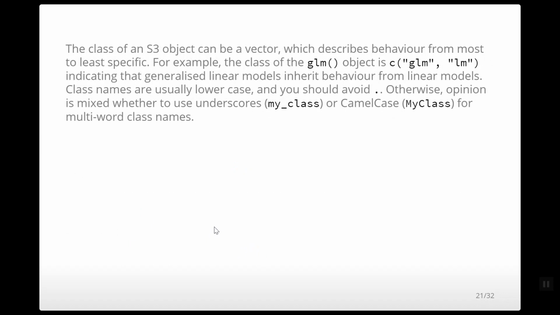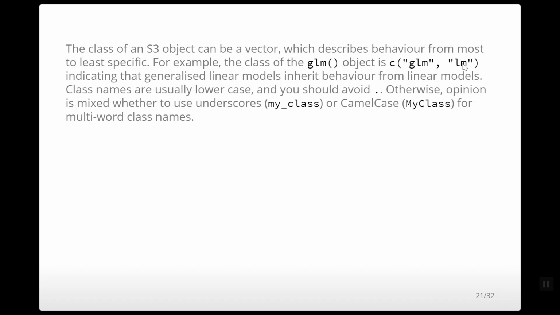The class itself can be a vector. So for example, if you create an object of class GLM, which is generalized linear model, it inherits from GLM and then LM. And this tells R, if you find methods specific for GLM, use that.